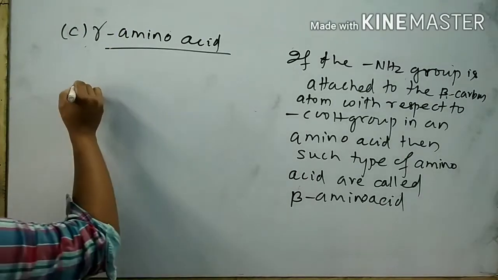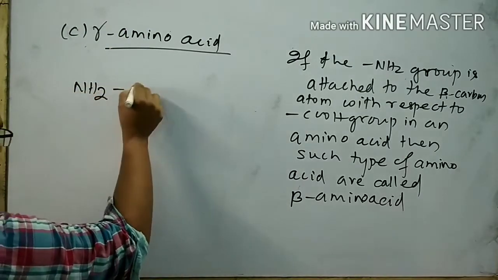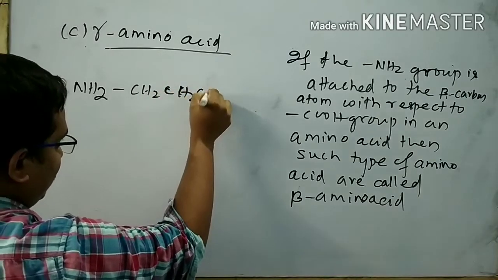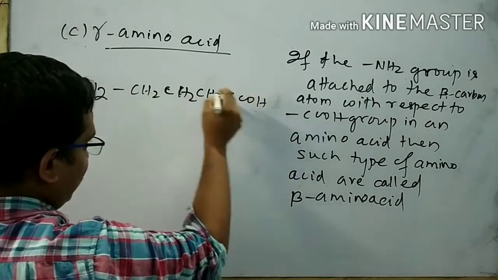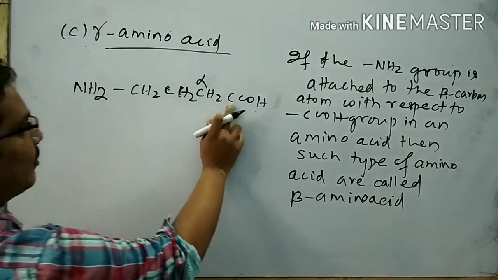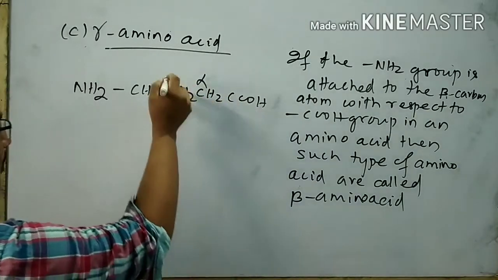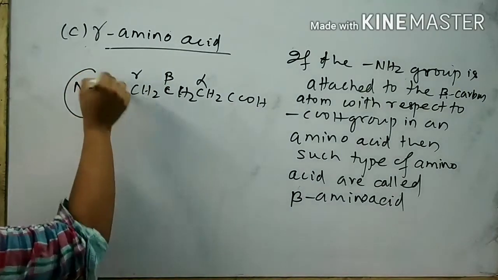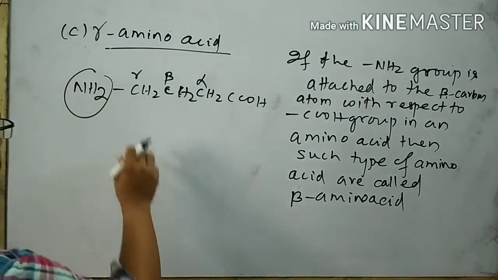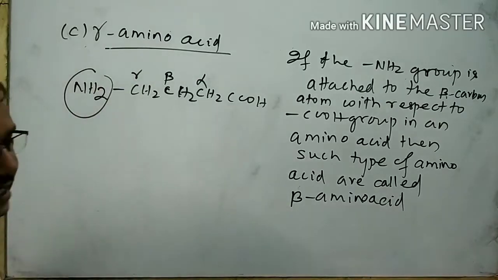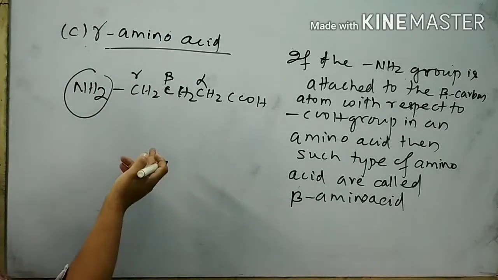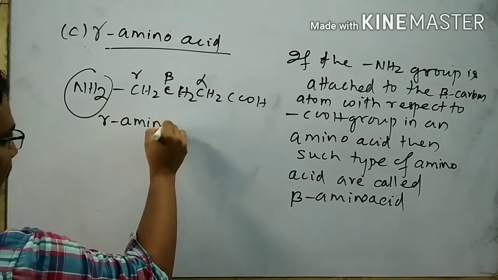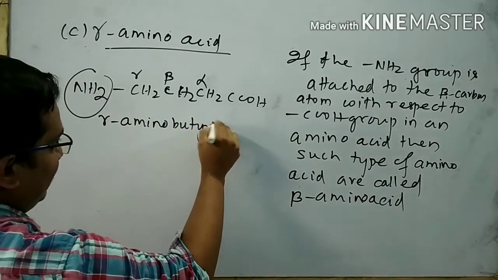Take an example of a gamma amino acid: NH2-CH2-CH2-CH2-COOH. This is the alpha carbon with respect to the carboxylic group, this is the beta, this is the gamma. Now the NH2 is attached to the gamma carbon atom, so it belongs to the gamma amino acid, and the name of this compound is gamma amino butyric acid.